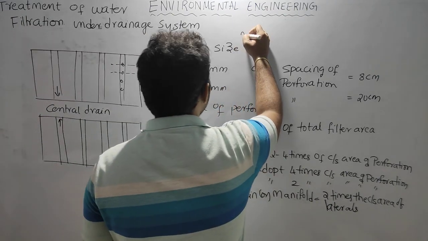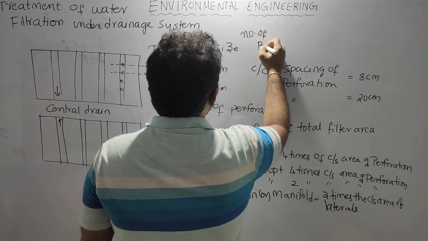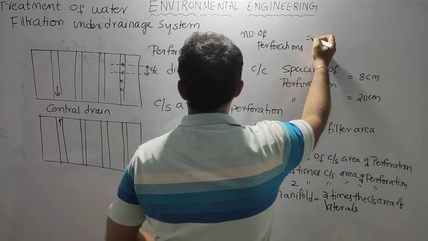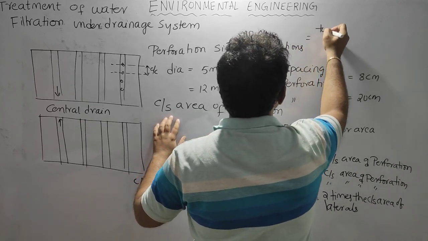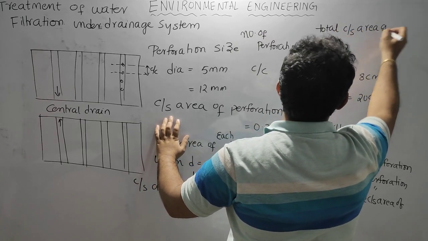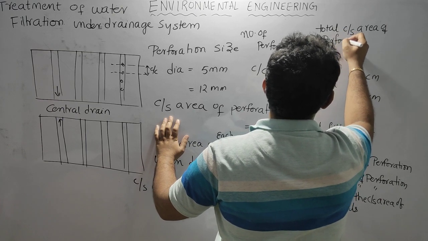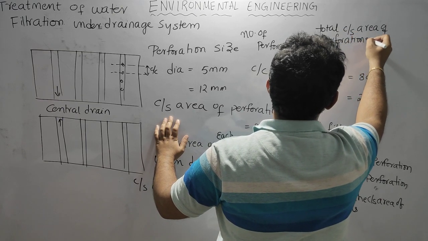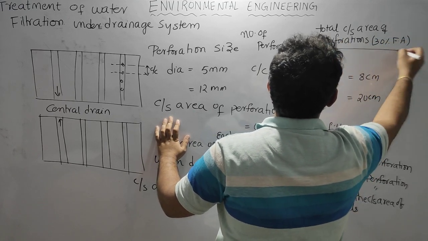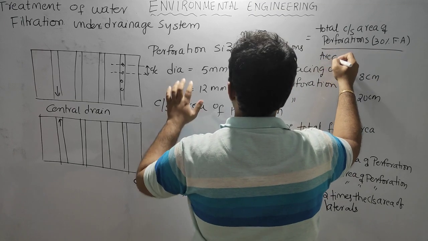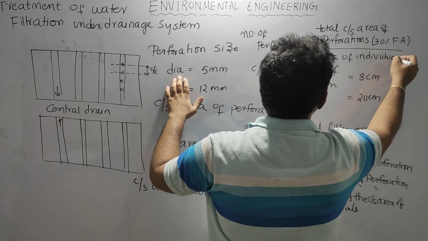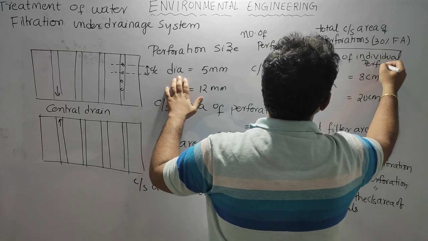The number of perforations needed is equal to the total cross sectional area of perforations, that is 30% of the filter area, divided by the area of an individual perforation.